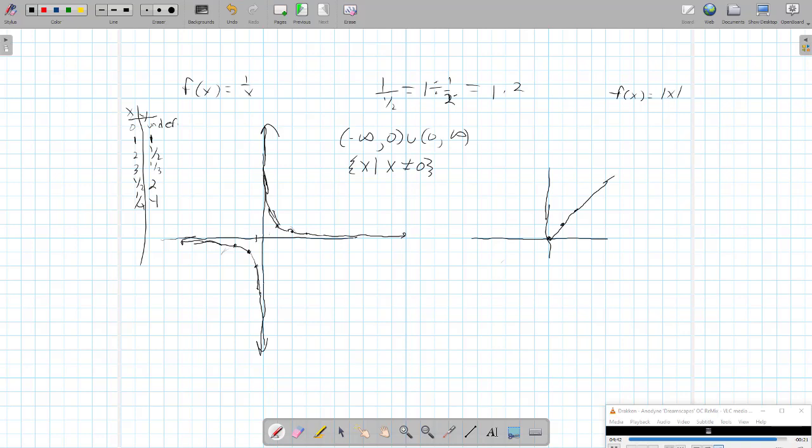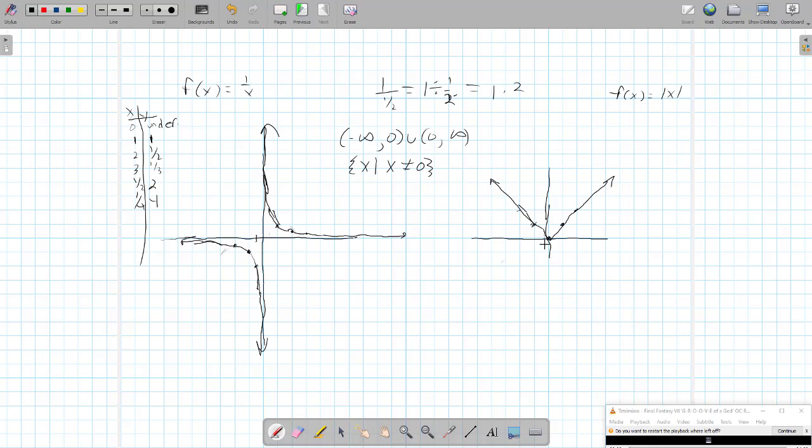So it goes up like y equal x to the right. And to the left, well, -1, absolute value is 1. -2, absolute value is 2. This is going up this way. So yeah, there's absolute value. You can recognize it by its sharp point.